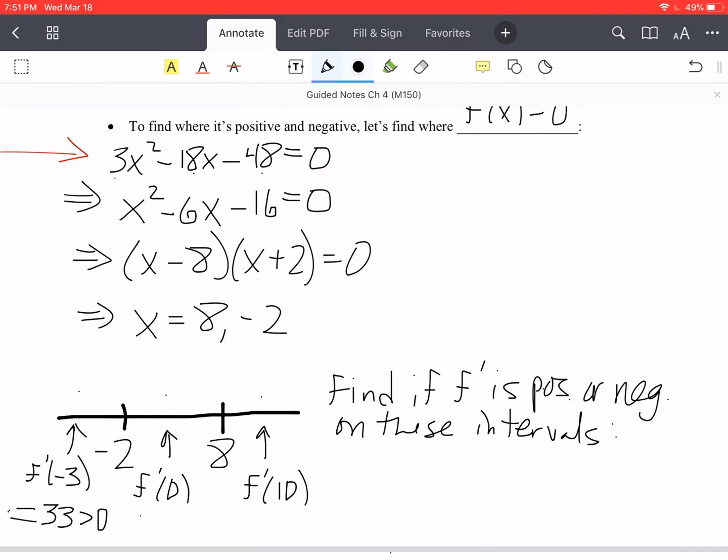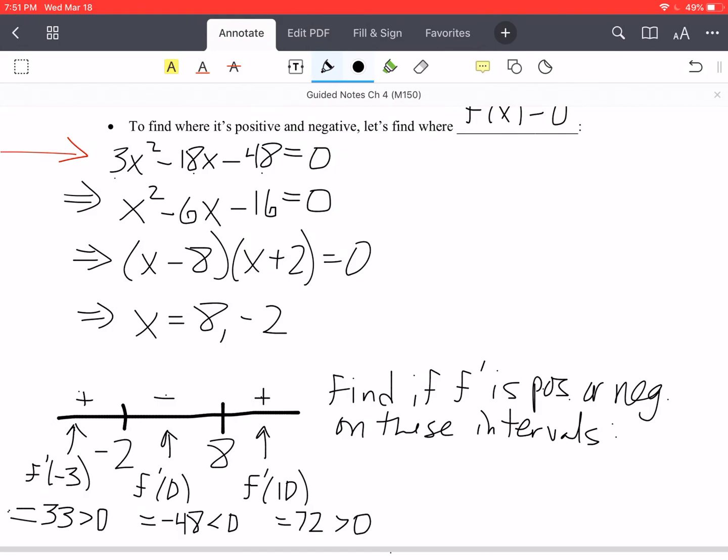F prime of 0, plug it into the derivative, that's just negative 48, which is less than 0. And f prime of 10 gives us 72, which is positive. So we got out a positive, a negative, and a positive.